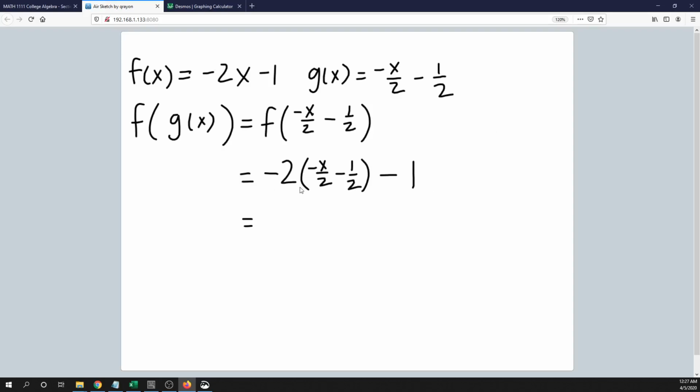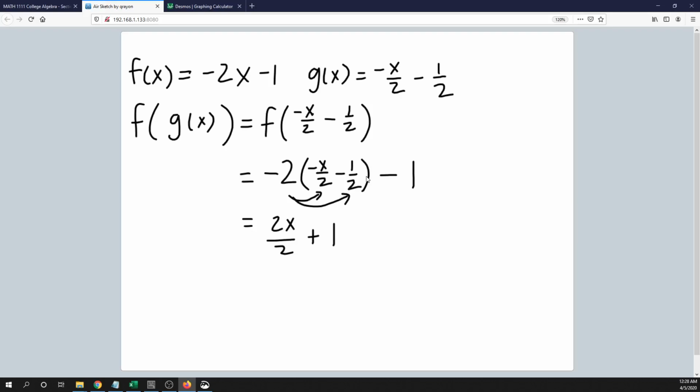Okay, so simplifying this expression, I can distribute this negative 2 through the parentheses. When I do that, I get minus 2 times minus x would be 2x over 2. And negative 2 times negative 1 half will be a positive 1, when I distribute that.